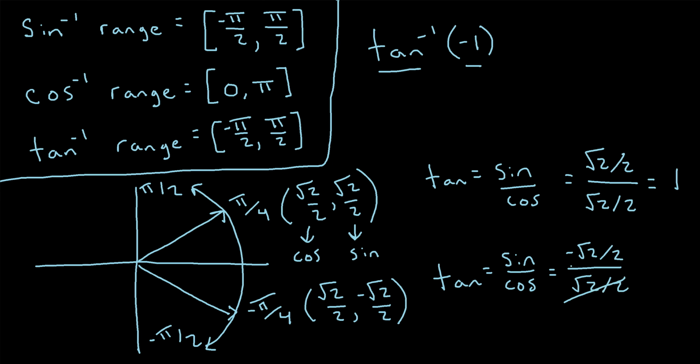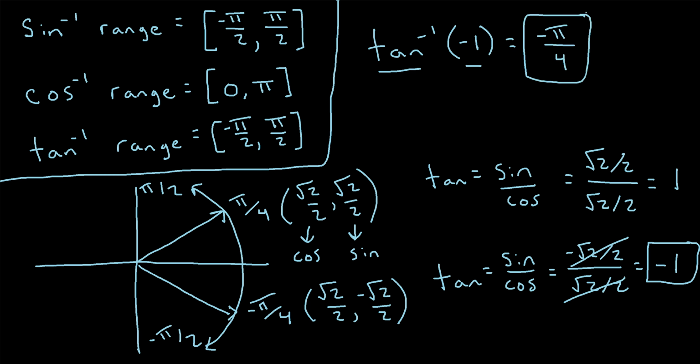So these root 2 over 2's would cancel out since they're the same number, and we would just be left with a -1. And that's what we're looking for. So the angle negative pi over 4 has a tangent value of -1. So that's our answer.